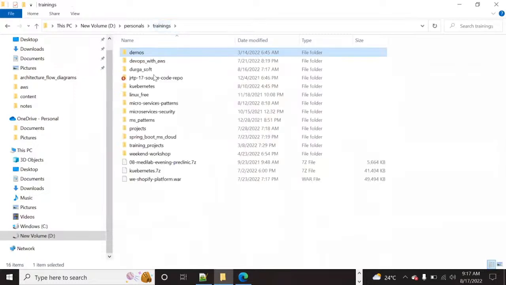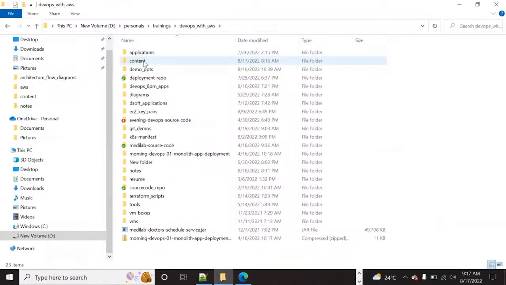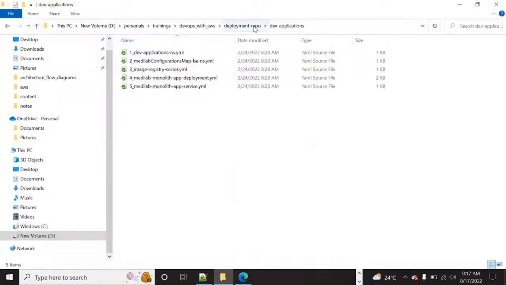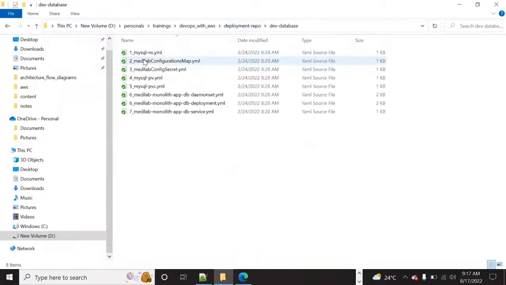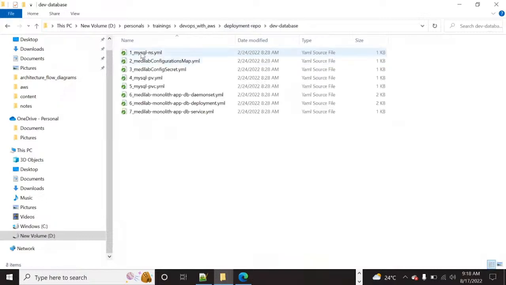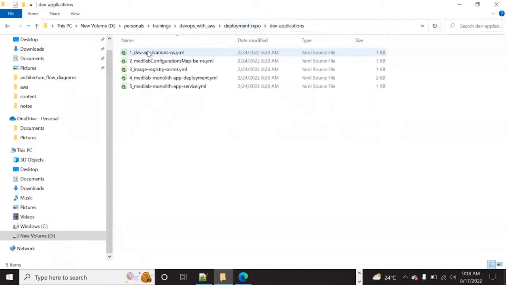The reason I am discussing all this now is to give you confidence. In the deployment repo, dev applications, you can see one simple application deployment, not simple of course, having these 7 Kubernetes files and then 5 files here, a total of 12 to 13 files we have to write.